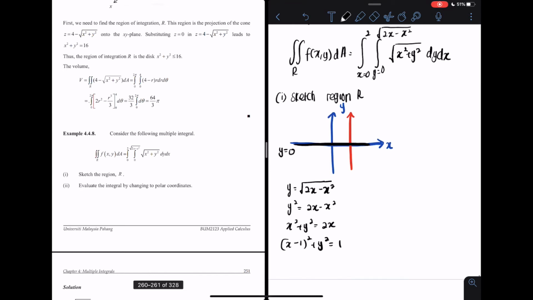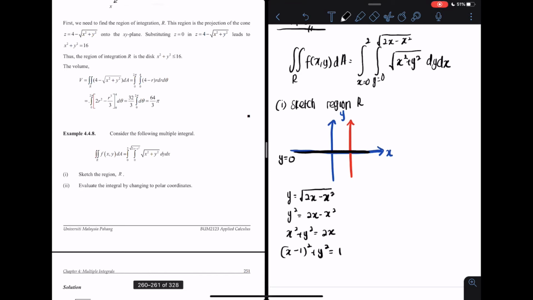Then please take a look at the limits of variable x, which should start at x is equal to 0, which is the origin, and then stop at x is equal to 2. So you will end up with a circle centered at 1, 0 having 1 as the radius.